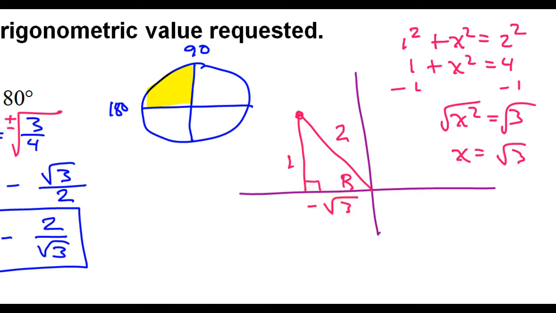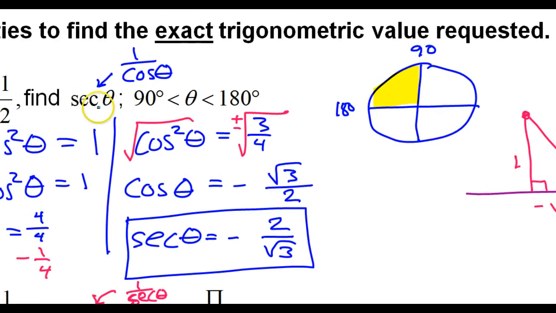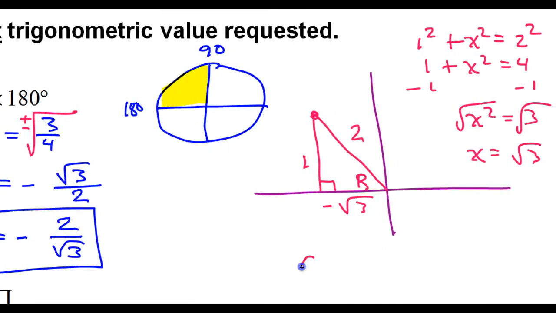And then we could do any trig function we wanted, including secant, because secant is the reciprocal of the cosine function. Well, cosine, looking at our picture, is adjacent over hypotenuse, so that would have been negative radical 3 over 2.